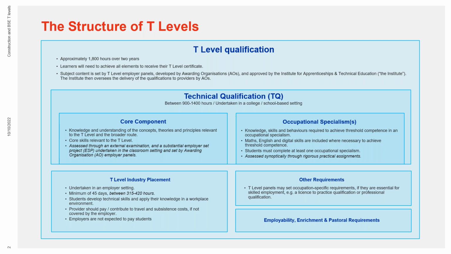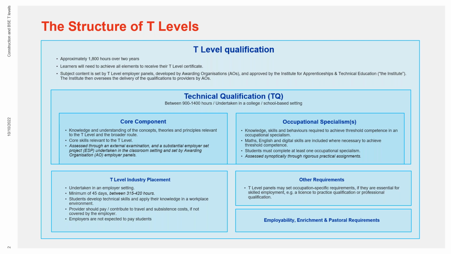You could look at it as almost 4 blocks of activity. Appreciate the bottom right one is split into 2. The bits that City and Guilds and EAL are supporting and concentrating on specifically, and what the winning of the tender was about, were the core component and the occupational specialism.